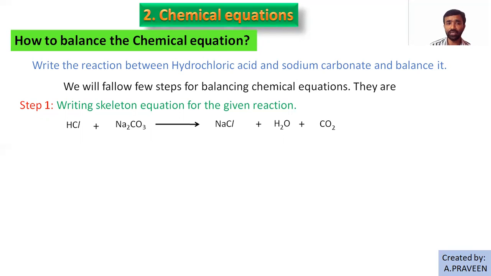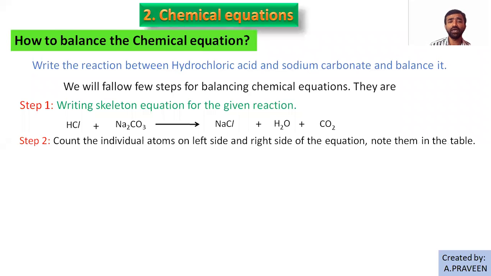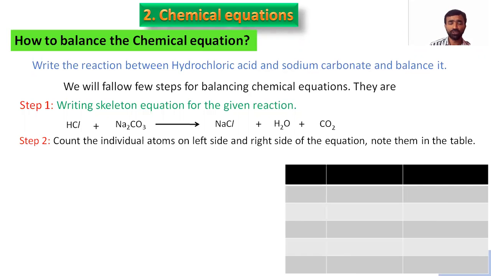This is the equation. Then the second step is checking the count of individual atoms and noting them in a table. So make a table with the headings atom, and number of atoms on the reactant and product side. For individual atoms, you need to follow only one direction, towards the reactant side or the product side.